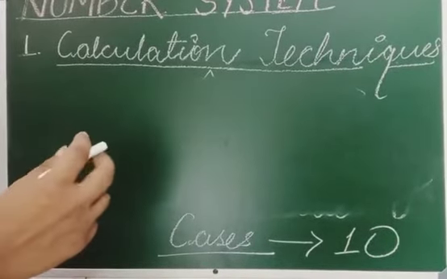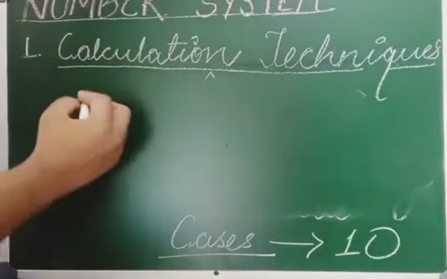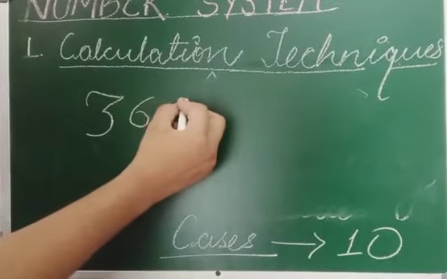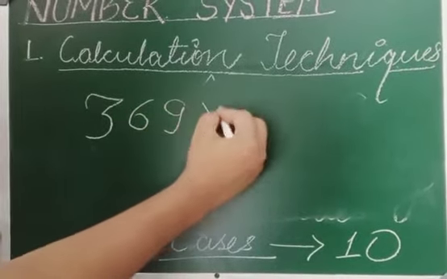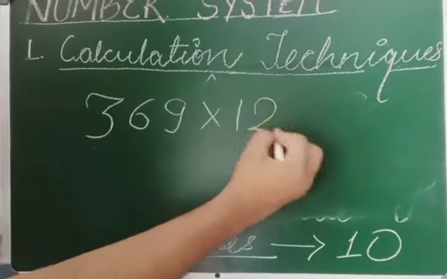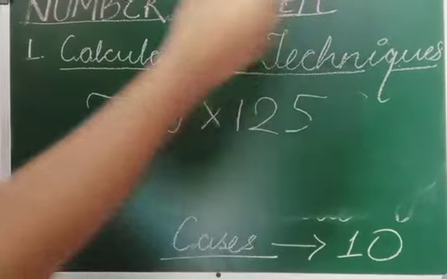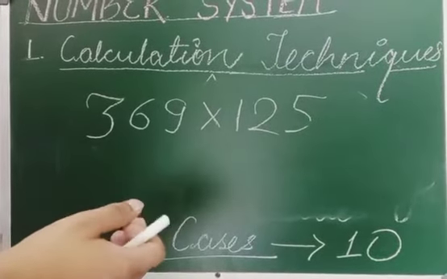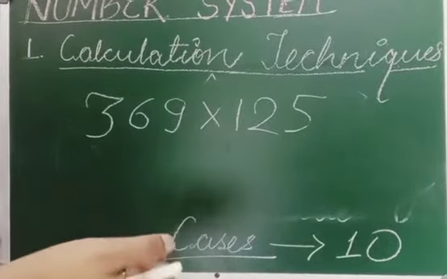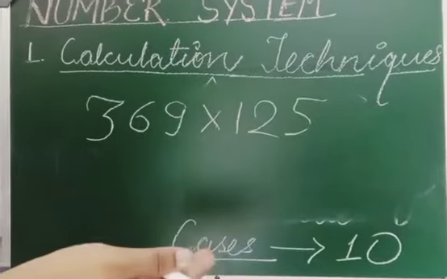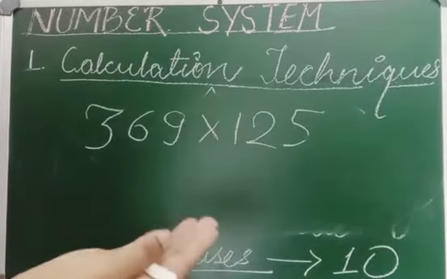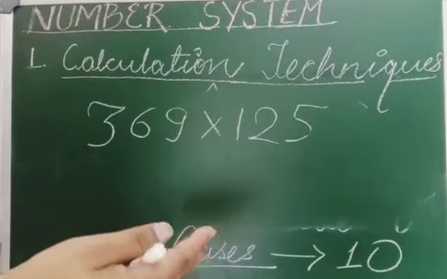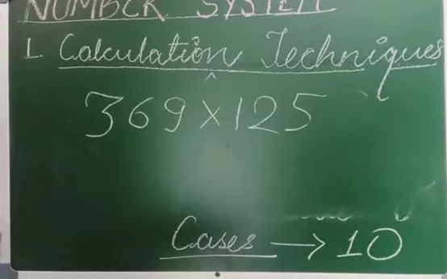Let's take an example. So in case 1, whenever we multiply a number with 5 or its factor, what we have to do is this.